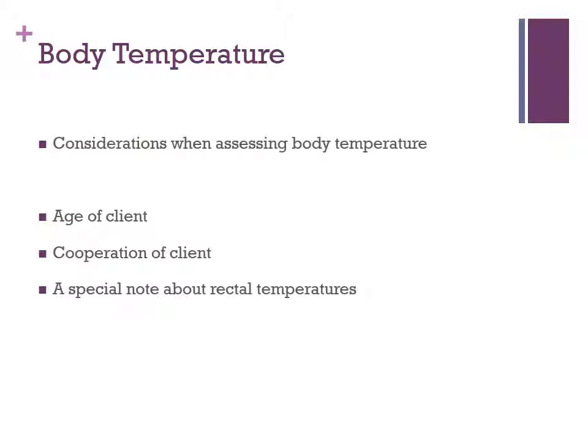Infants cannot cooperate or follow commands, and they're also obligatory nose breathers, so they have to breathe through their nose, and they don't understand that they need to close their mouth for an oral temperature. Also, if you have a patient who's lethargic, comatose, sleeping, these are all things that you need to consider when you're obtaining a body temperature.